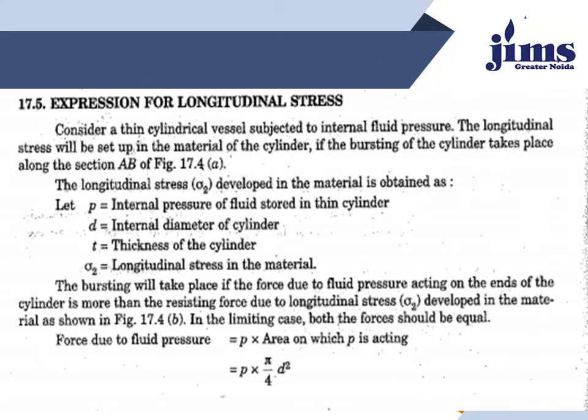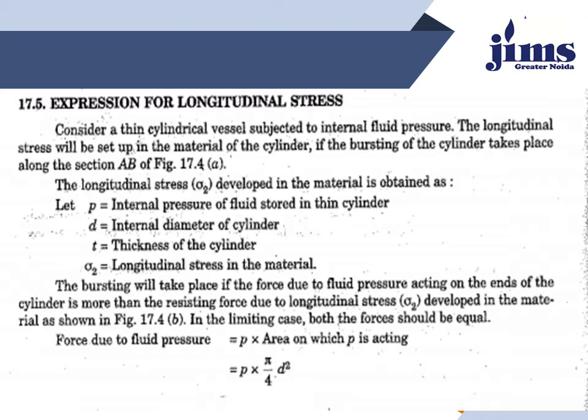The next is the expression for longitudinal stress. Consider a cylindrical vessel which is subjected to a fluid pressure. The longitudinal stress is set up in the material of the cylinder. Suppose the bursting of the cylinder takes place along the section AB.